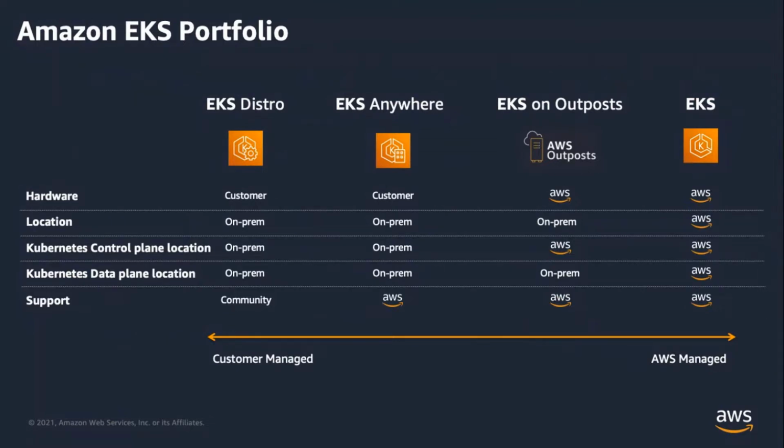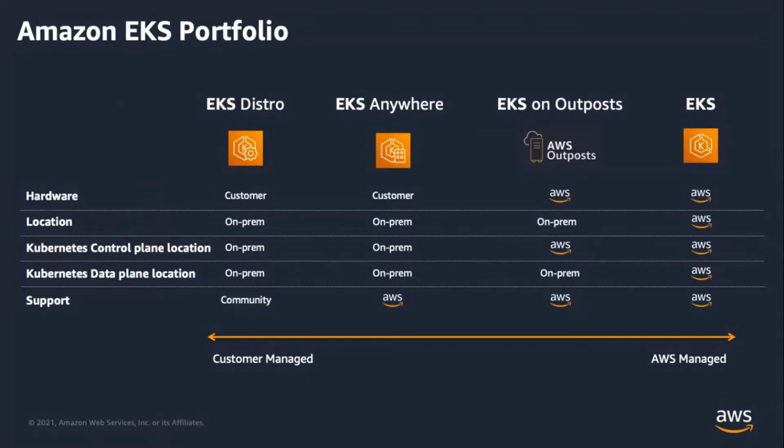Now let's take a look at all the options that are available for you to run Kubernetes using EKS. We offer you a spectrum of options. If you want to run Kubernetes in the AWS cloud, we highly recommend you to use the EKS service, which gives you a fully managed service of the entire stack.